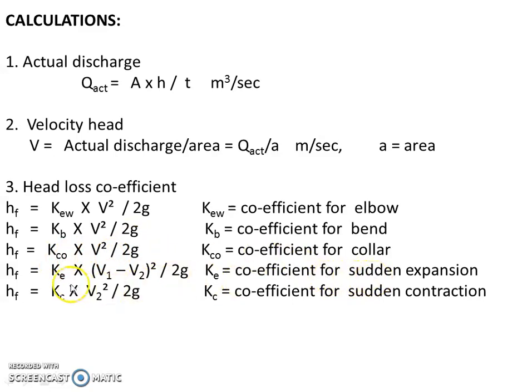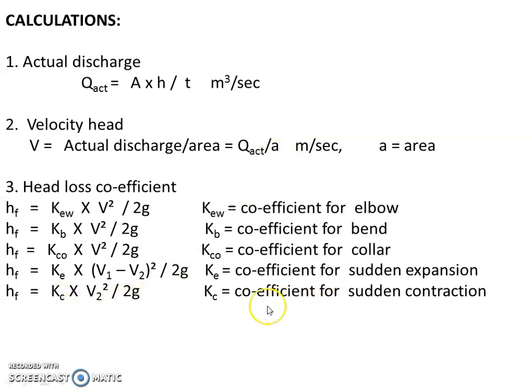For sudden expansion, it is K into (V1 minus V2) the whole square divided by 2G, where V1 is discharge divided by area, where area is the area of the small diameter pipe. Similarly, V2 will be Q actual divided by the area of the large diameter pipe.